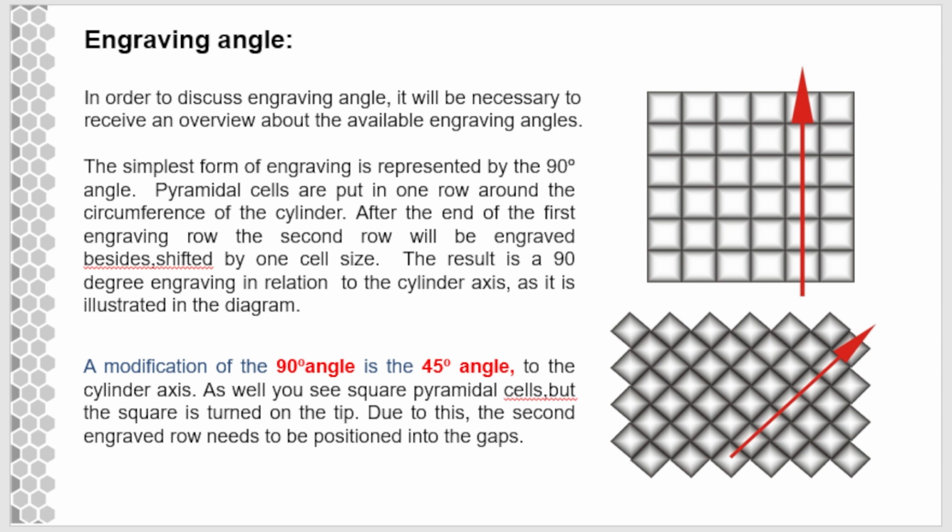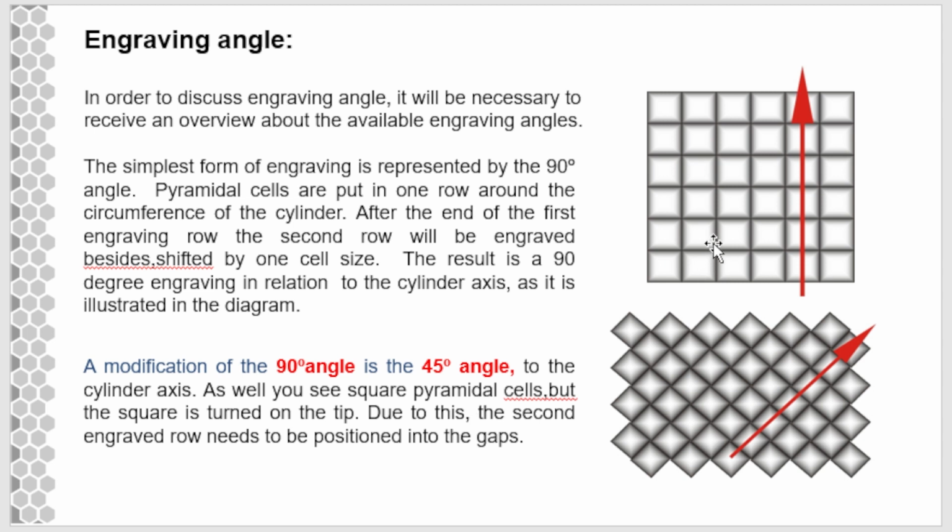Pyramidal cells are put in one row around the circumference of the cylinder. After the end of the first engraving row, the second row will be engraved, shifted by one cell size. The result is a 90-degree engraving in relation to the cylinder axis, as illustrated in the drawing diagram.